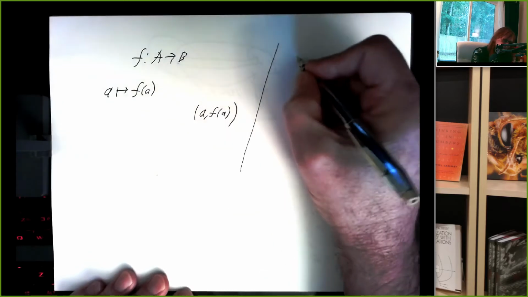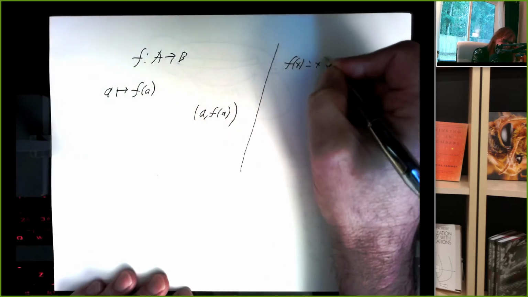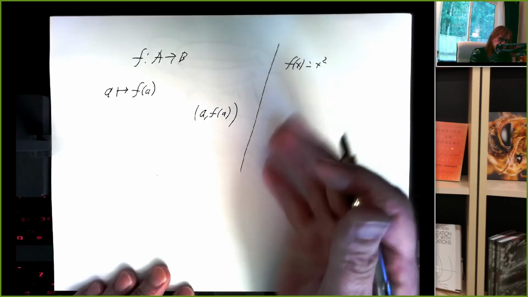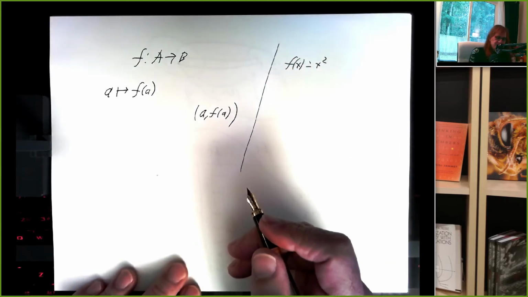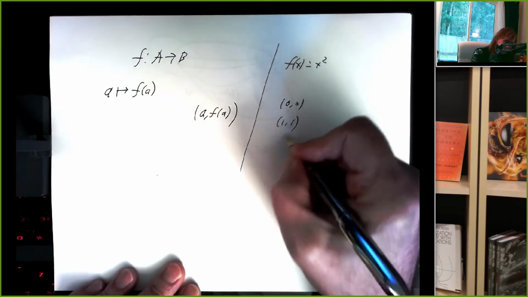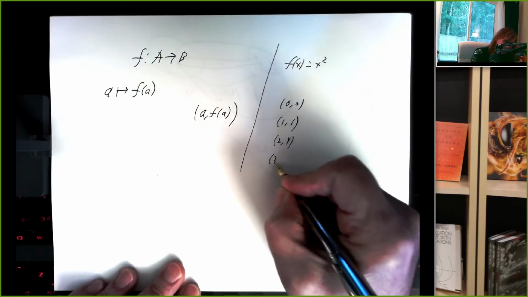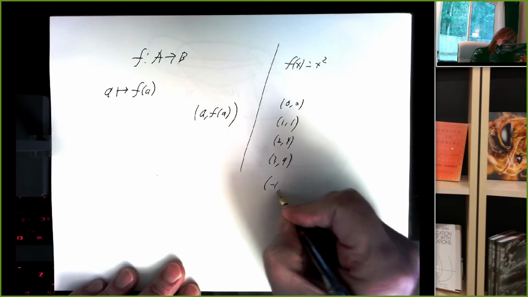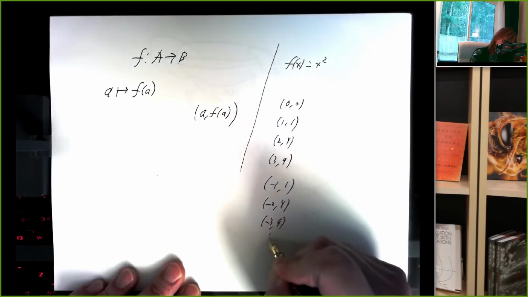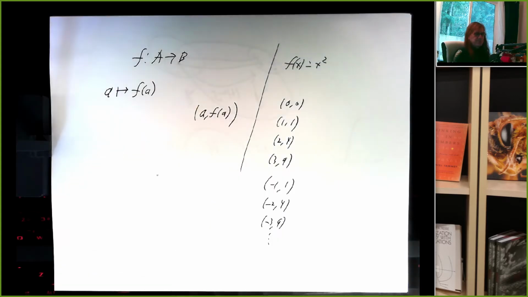So for example, f of x equals x squared, and let's say it goes from integers to integers. Well, we could describe this function by listing a bunch of tuples. For example, 0 will go to 0, 1 will go to 1, 2 will go to 4, 3 will go to 9, negative 1 will go to 1, negative 2 to 4, negative 3 to 9, and so on.